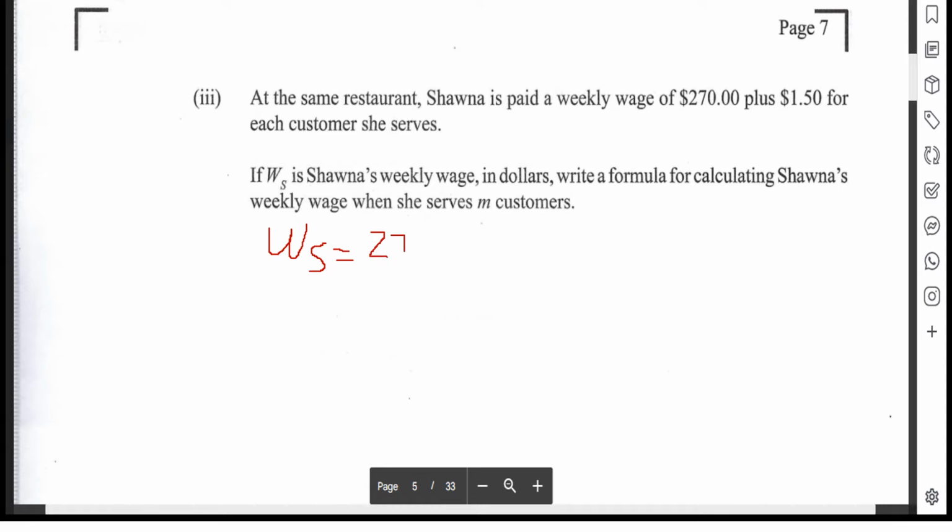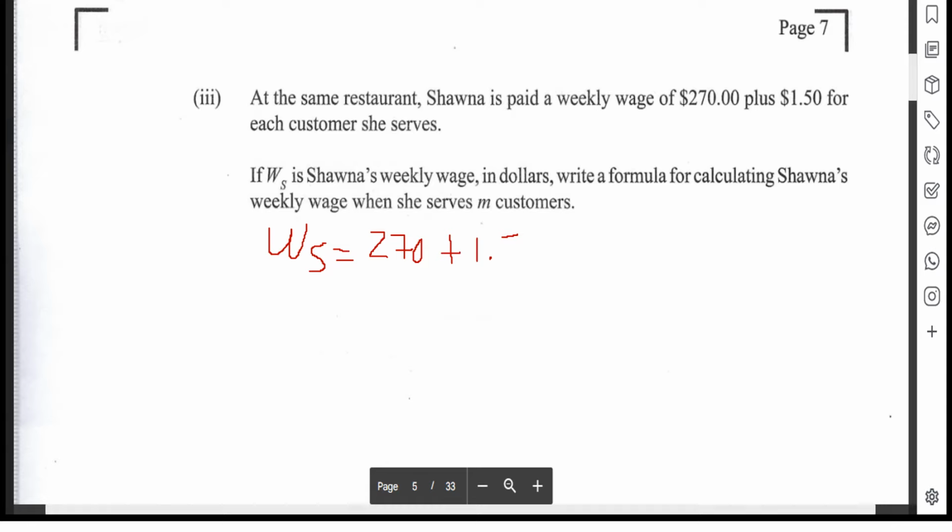That's the fixed or the flat rate for her wage, plus the variable rate is $1.50 for each customer that she served.